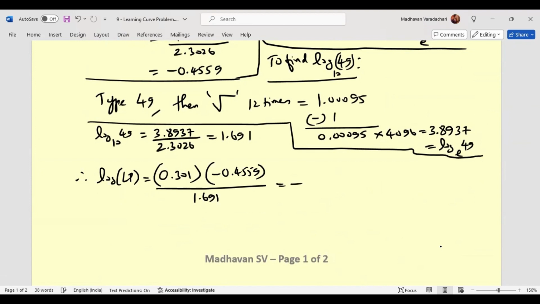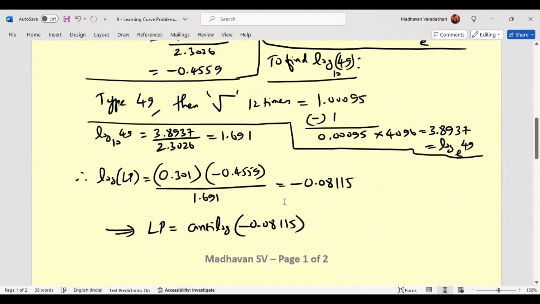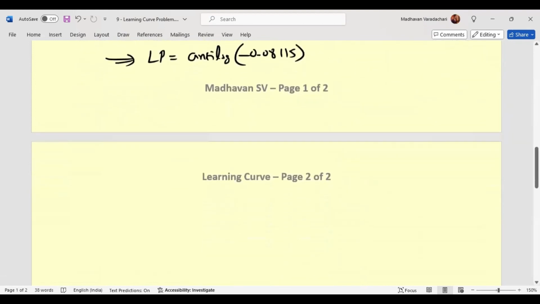If we calculate, we will get minus 0.08115, which means learning percentage will be anti-log of negative 0.08115. Now we need to find the anti-log.